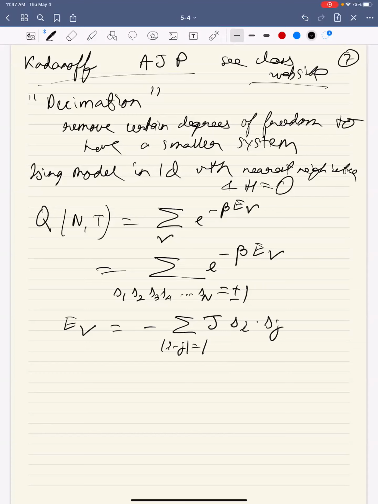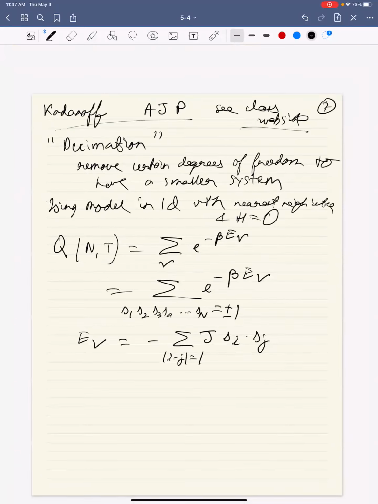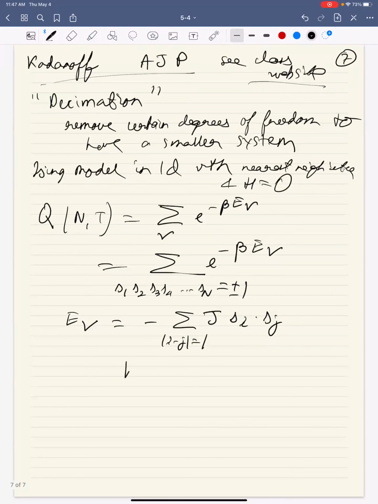In order to follow Chandler's notation, Kadanoff also does this, I'm going to introduce a term K defined as beta multiplied by J, so J divided by k_B T. Why do I do this? Because I'm interested in minus beta E nu, right? So I'm going to multiply this J with beta all the time. So instead of writing beta J, I'm just going to call it K, okay?